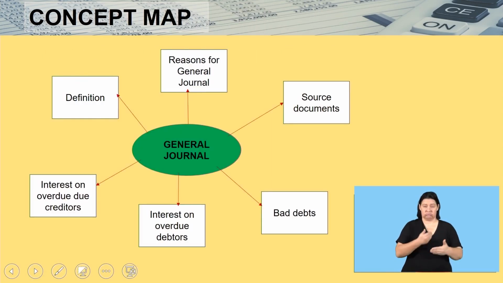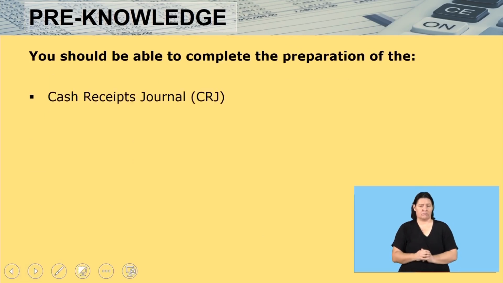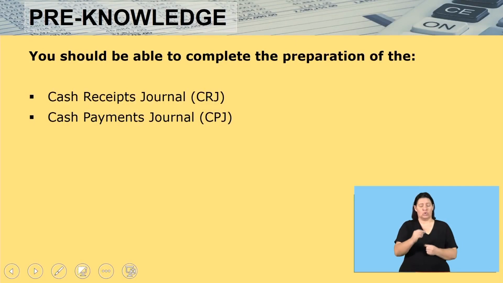I am going to move on to your pre-knowledge. Already at this moment, you already know the cash receipts journal. You have done the cash receipts journal. You also have done what is known as the CPJ, the cash payments journal.